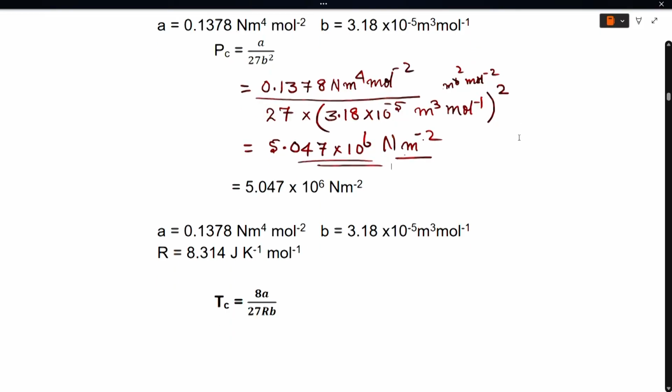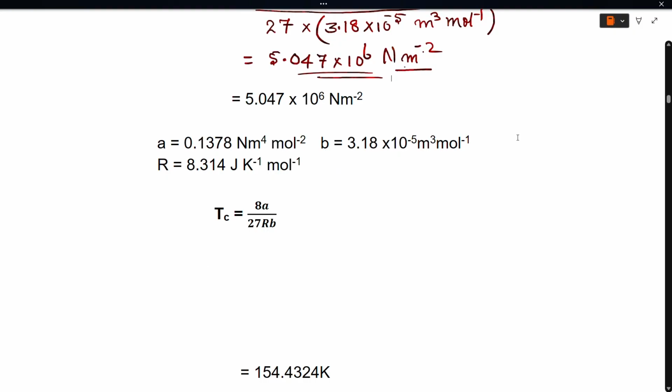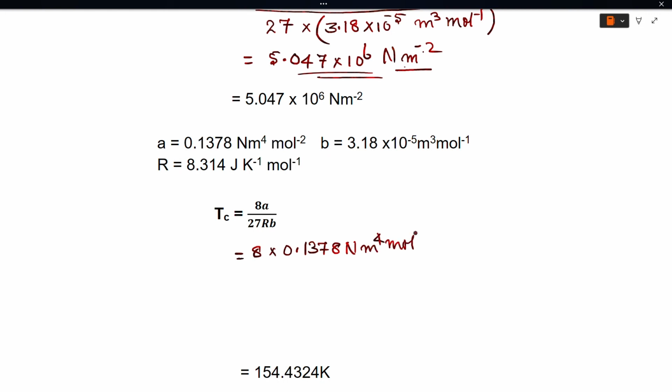Now, next we have to find out Tc. Tc is equal to 8a by 27Rb. These are the data taken. Okay. 8 into a is equal to 0.1378 newton meter raised to 4 mole raised to minus 2. Okay.